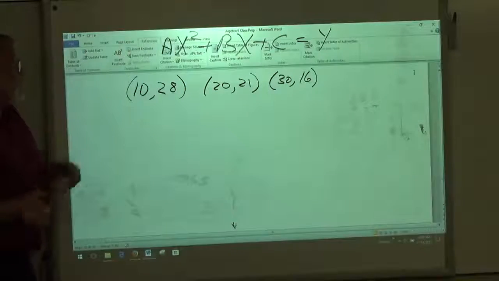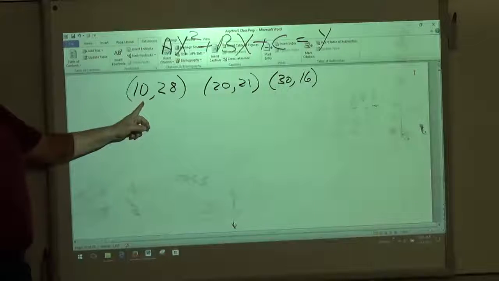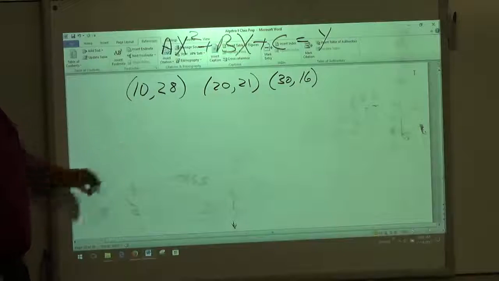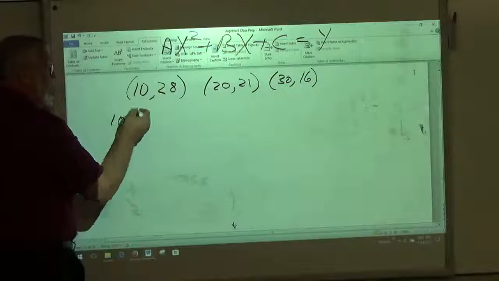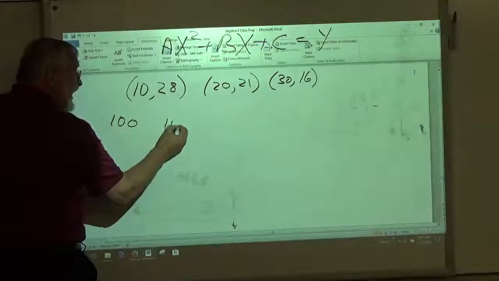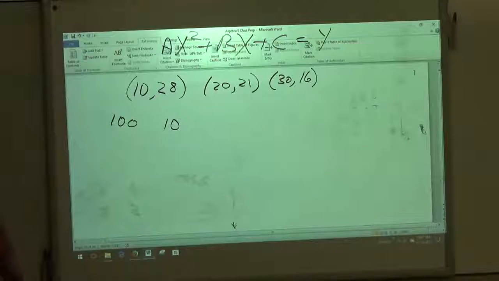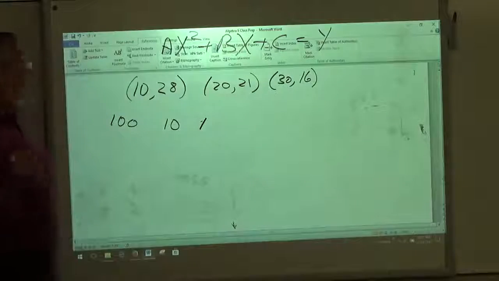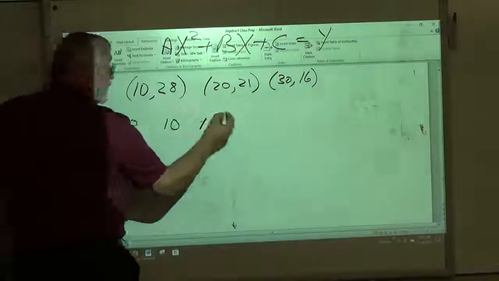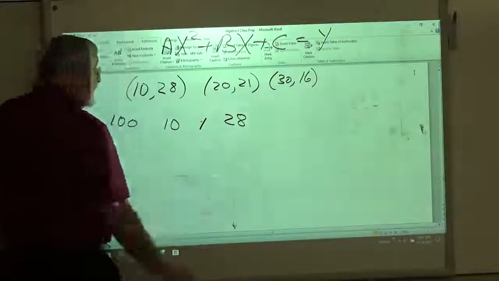Okay, now, what is the x in the first one? So 10 squared is 100. So I have 100a plus, then I have 10b plus 1c equals how much? 28. The y, 28.